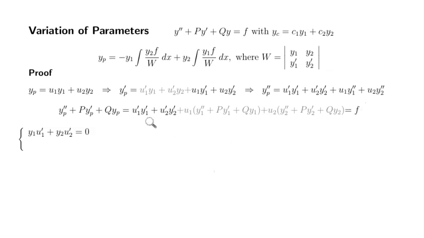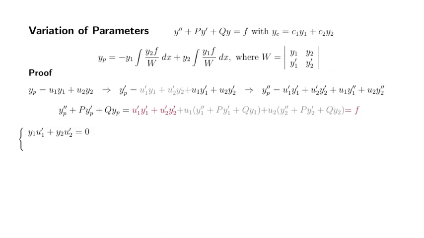So here we set that equal to f. Now we have this second equation here. Maybe I'll change the color to purple so you can see it better. So I'm going to write that down.